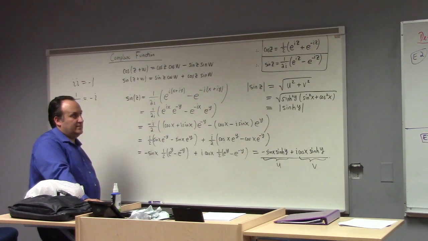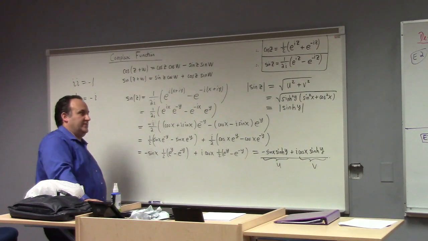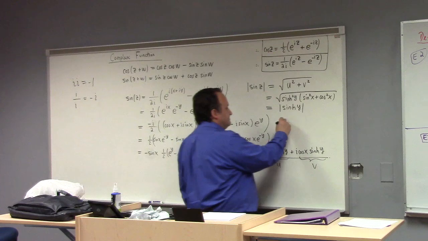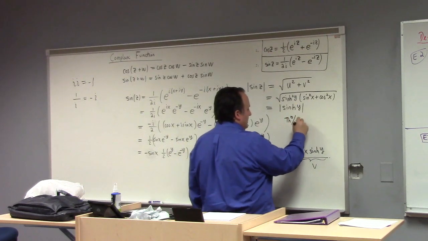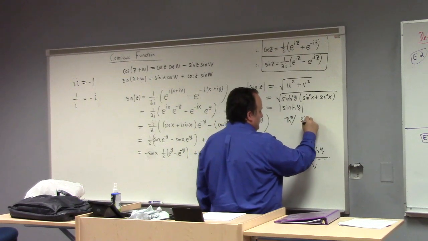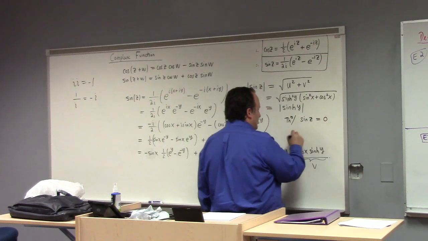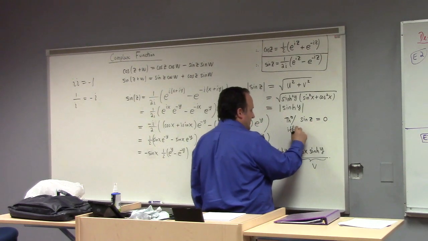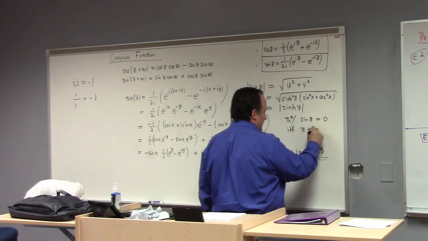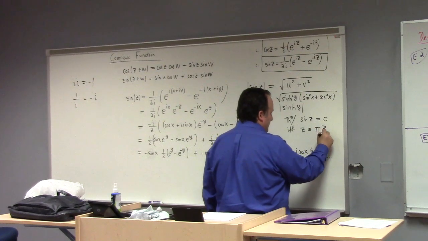And since sine reduces to the regular sine on the real axis, we can deduce from this that the only zeros of sine z are integer multiples of pi. So there's a theorem: sine z equals 0 if and only if z is an element of pi times the integers.